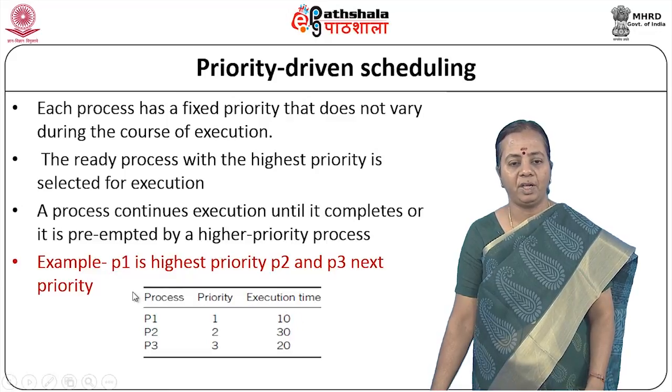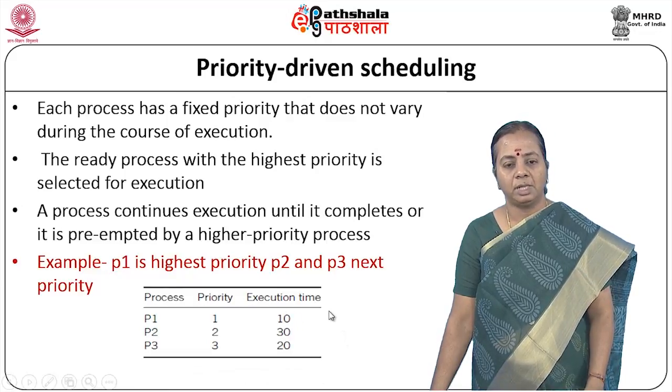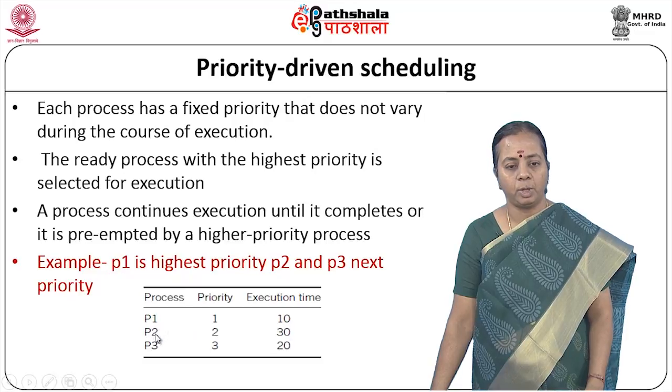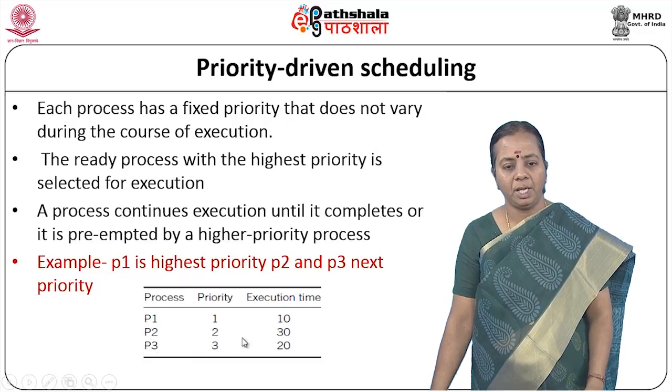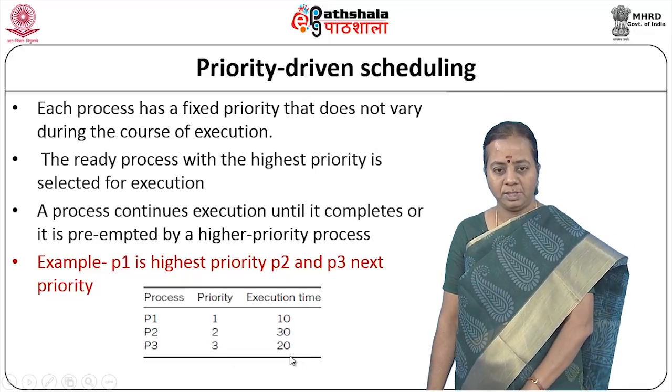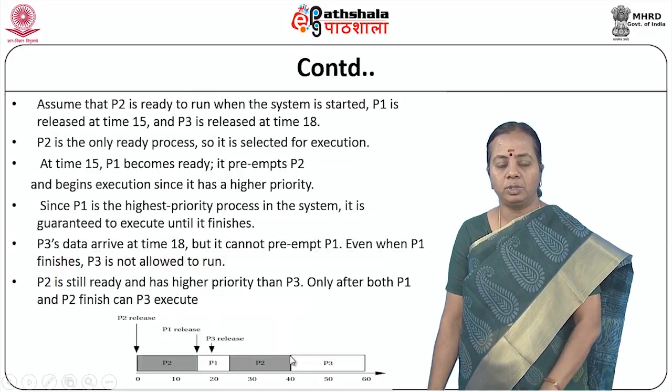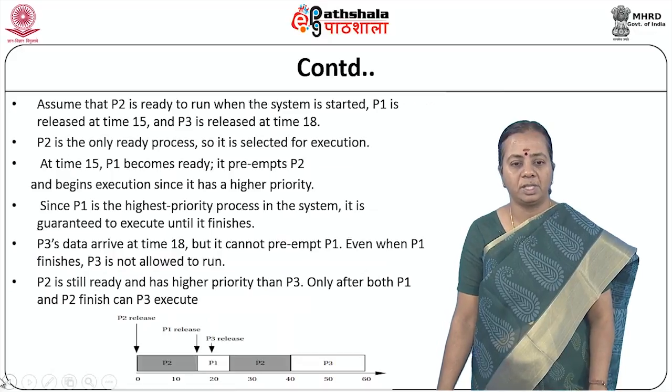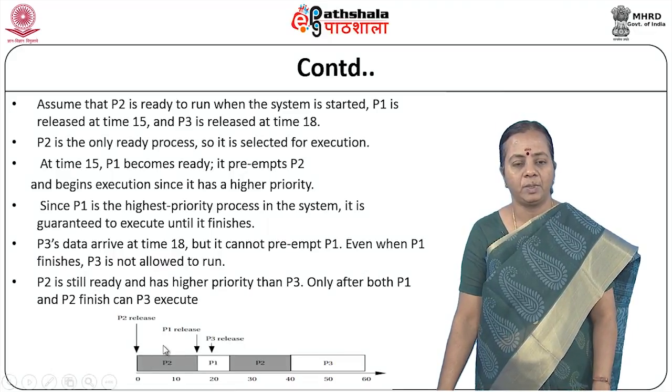So, one system will have three different tasks or processes P1, P2 and P3, and each has a different priority and different execution time. If this is the scenario, we will see how the scheduler schedules them based on priority.